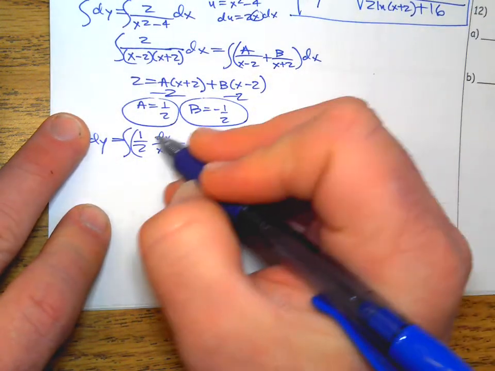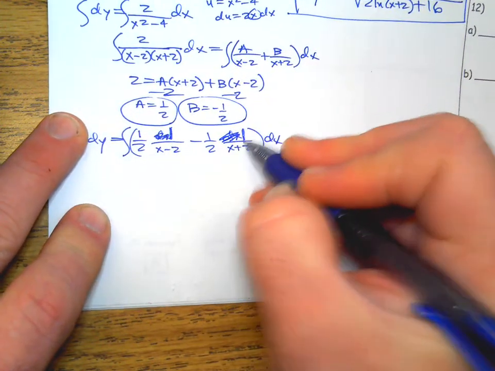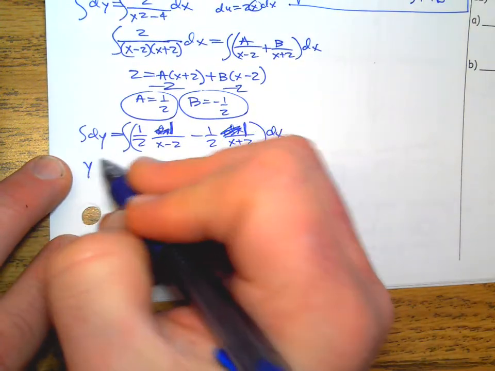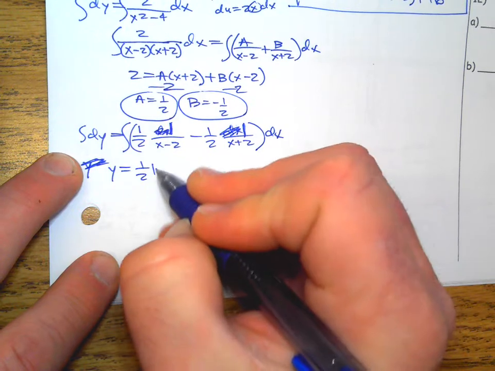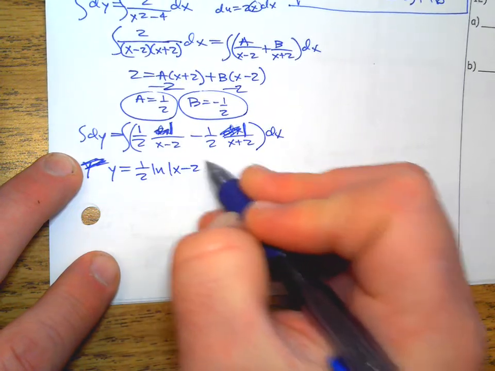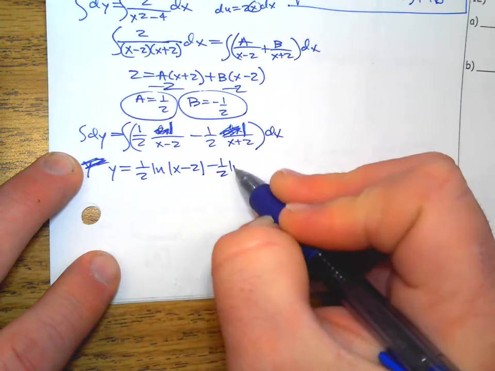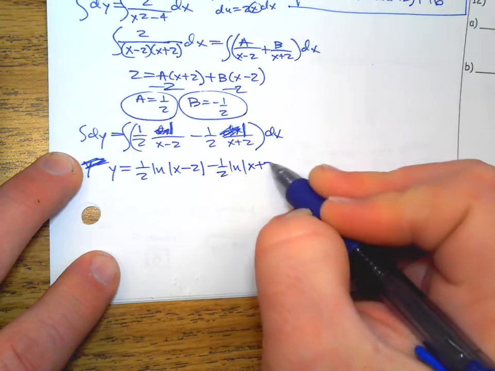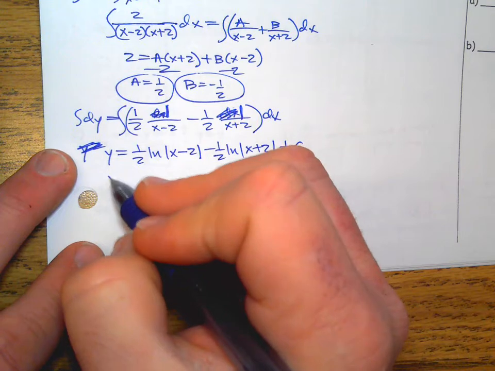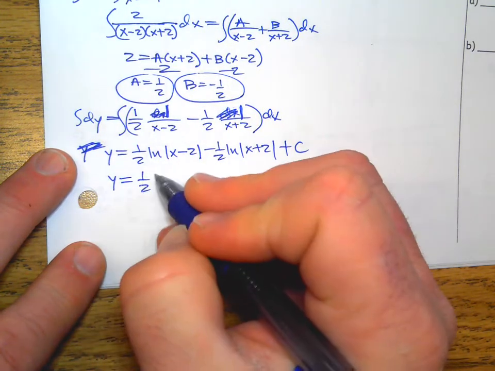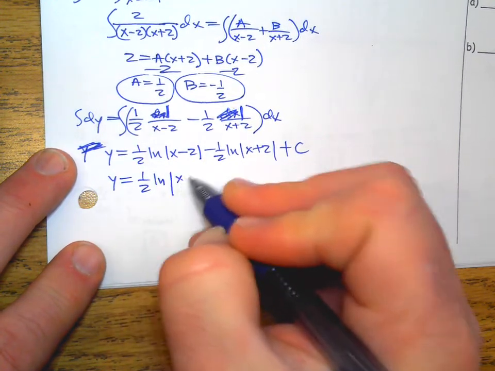So we could write them as separate integrals or one integral. So the answer is going to be y equals 1/2 natural log of the absolute value of x minus 2 minus 1/2 natural log of the absolute value of x plus 2 plus C, of course.